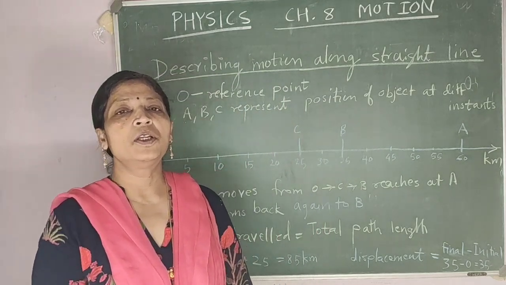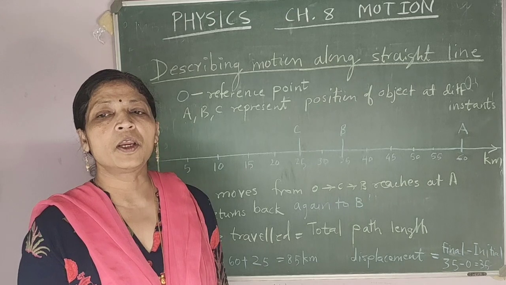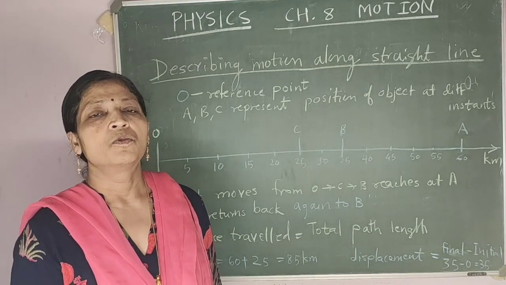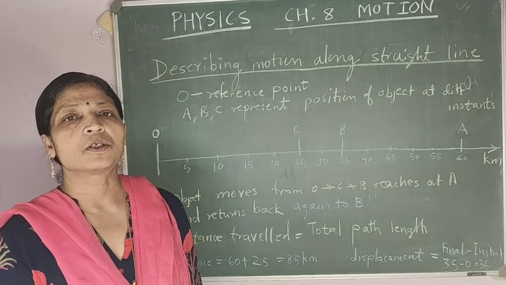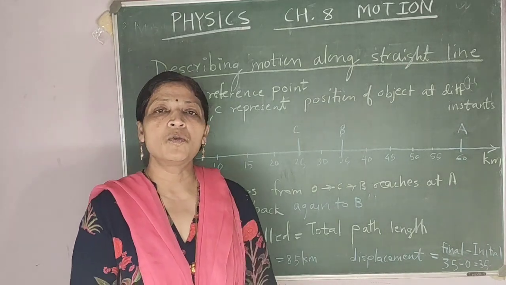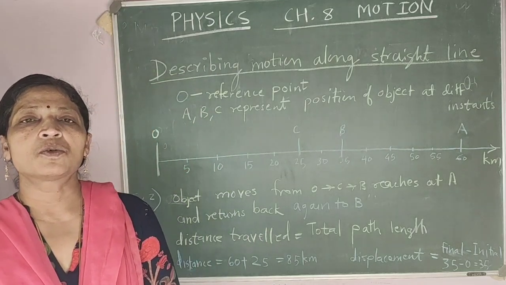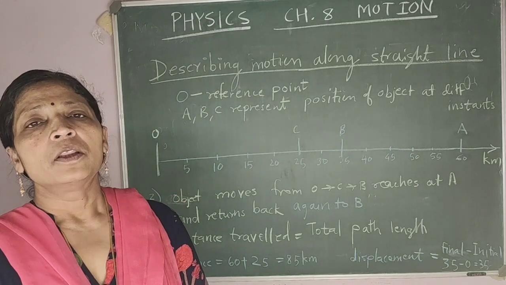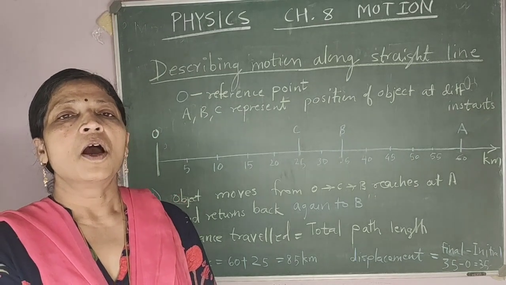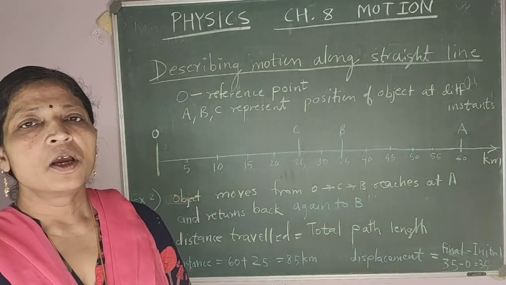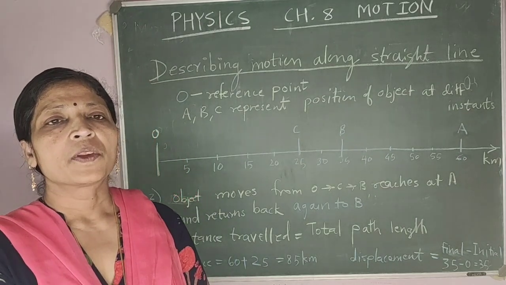In finding out the displacement, we have taken the use of direction also. So we learned about two physical quantities. One is called distance and the other is called displacement. These two physical quantities are required to describe the motion of an object in a straight line.